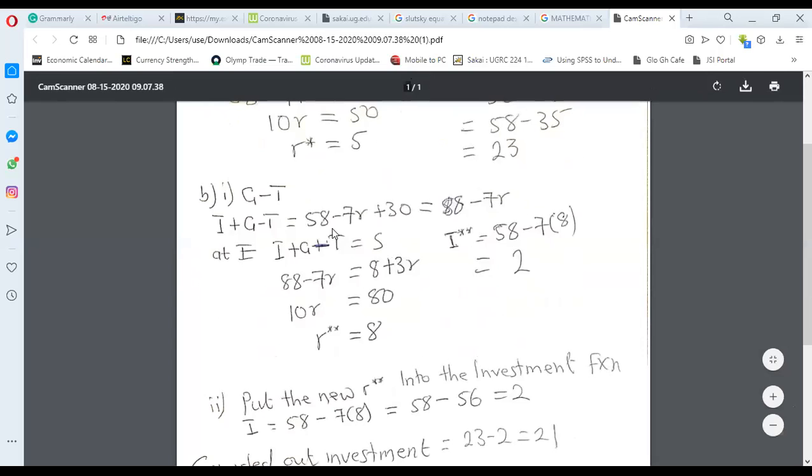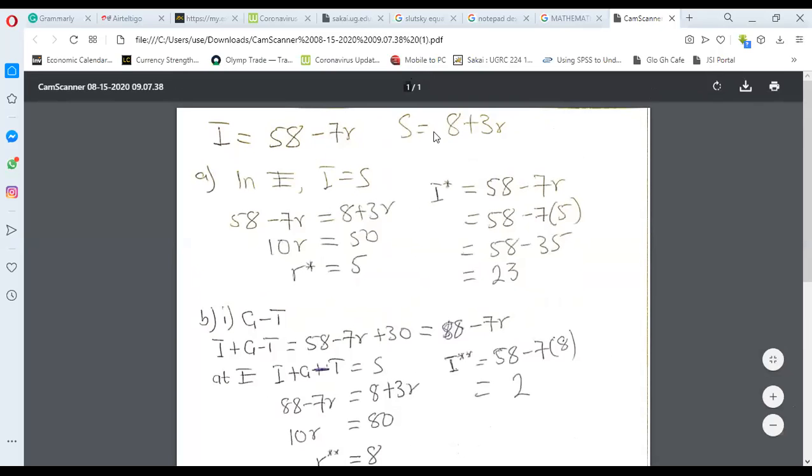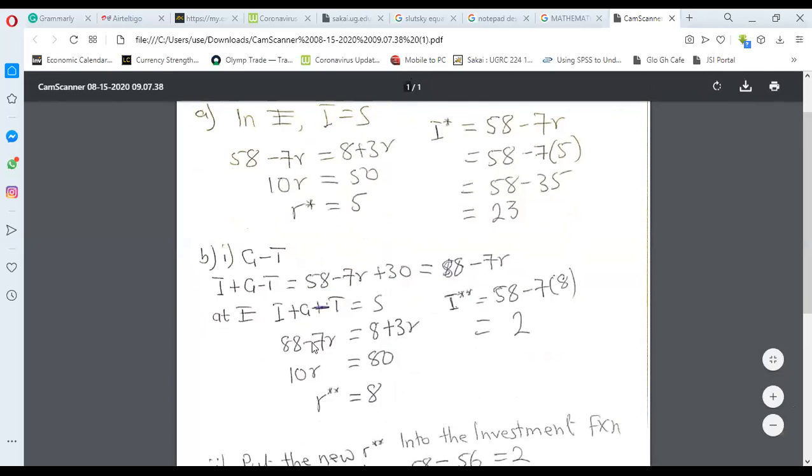We'll get 88 minus 7R. Then we'll equate it to the savings function. So 88 minus 7R is equal to this. Now we want to find R, so we group like terms. We bring this one here. We are getting 10R, and then this will be 80. We divide through by 10, right? So we are getting R star to be 8.